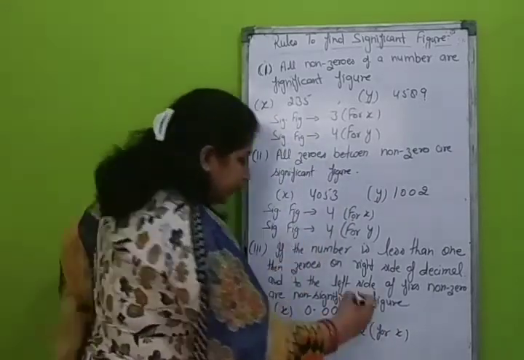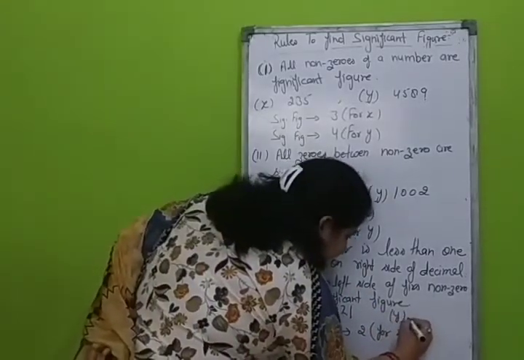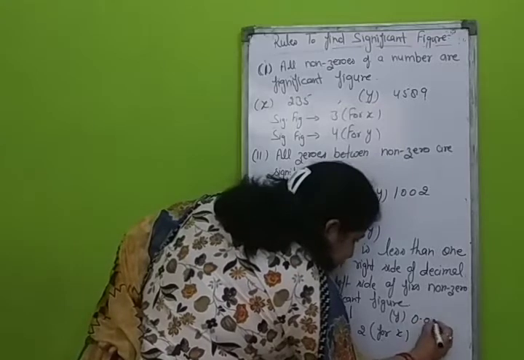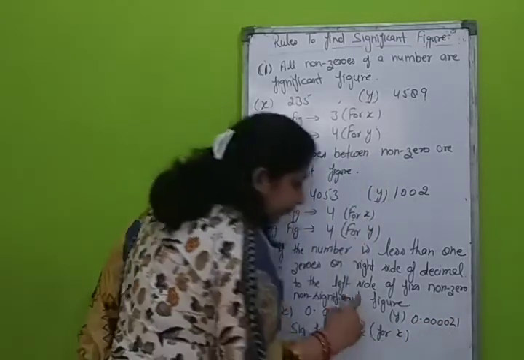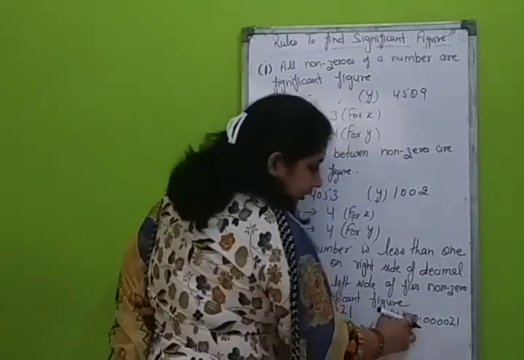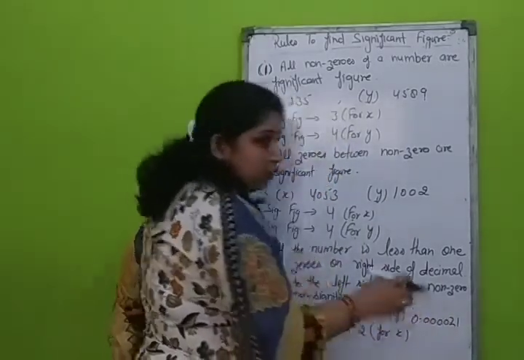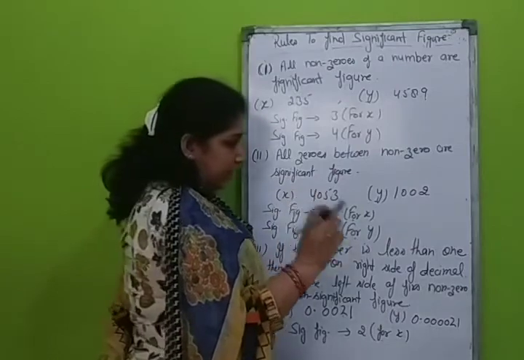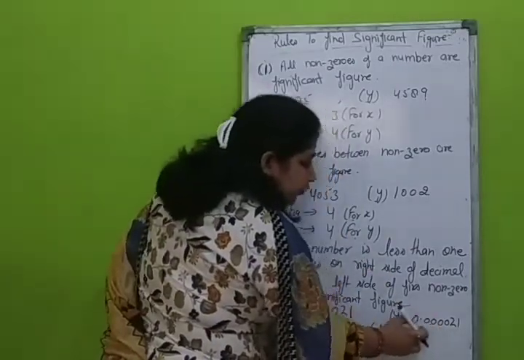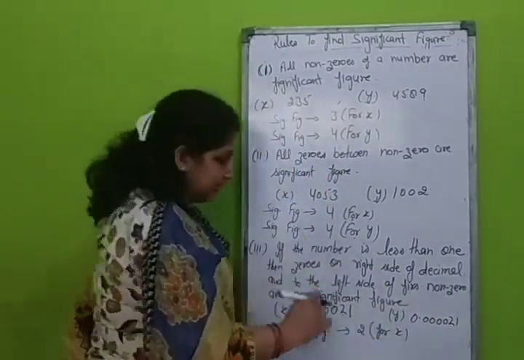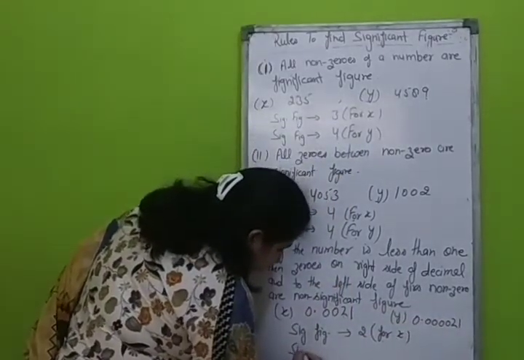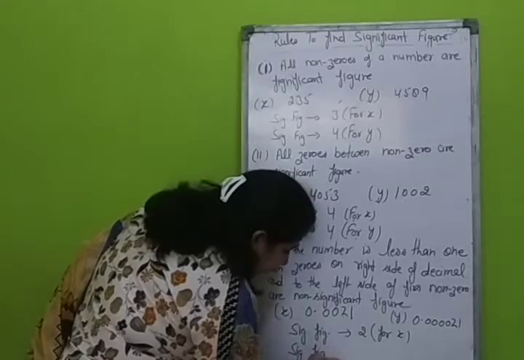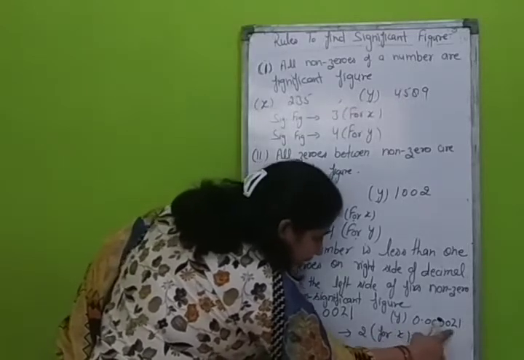Got it? Suppose we have another number y 0.000021. Then between the decimal and the first non-zero number there are 4 zeros. These 4 zeros are considered not significant. But we have two non-zero numbers, and these are significant figures, 1, 2.